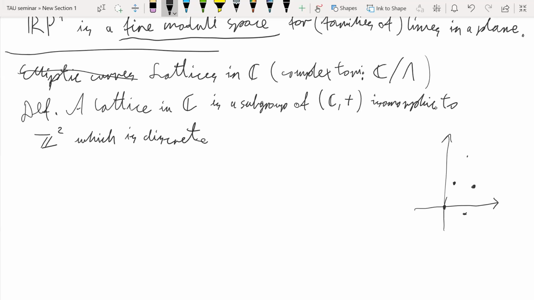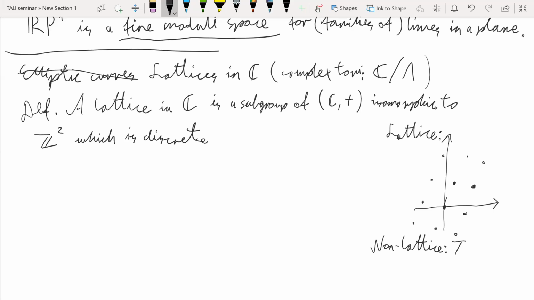So we are going to have a bunch of points like this, which are going to span a subgroup isomorphic to Z squared. And this discreteness condition. So this is an example of a lattice.